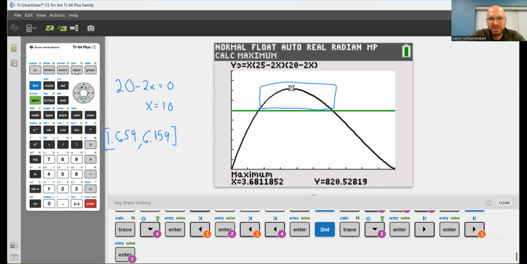Inches from the corner of these pieces of cardboard, I will get my maximum volume. What is my maximum volume? My maximum volume is the y coordinate, 820. This is the dimension that I'm cutting from the corner, 3.681. I'm going to go back to that box and point at the 3.681.